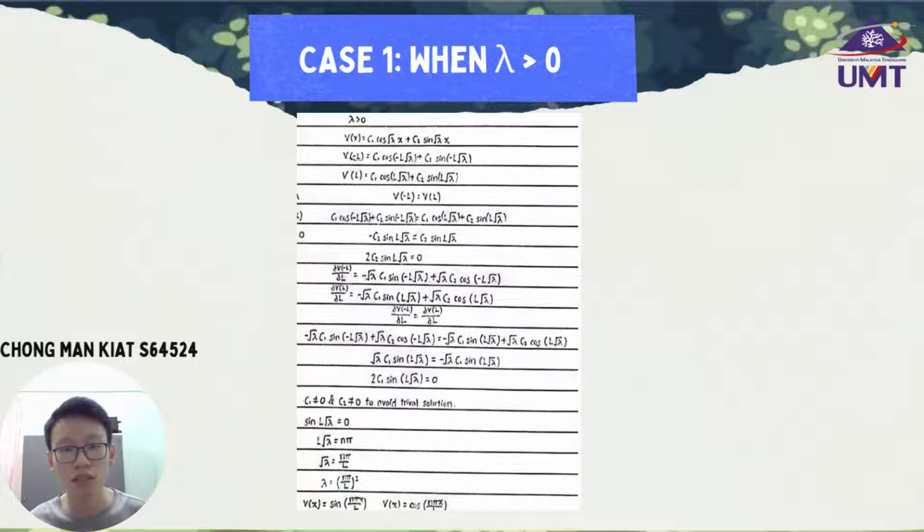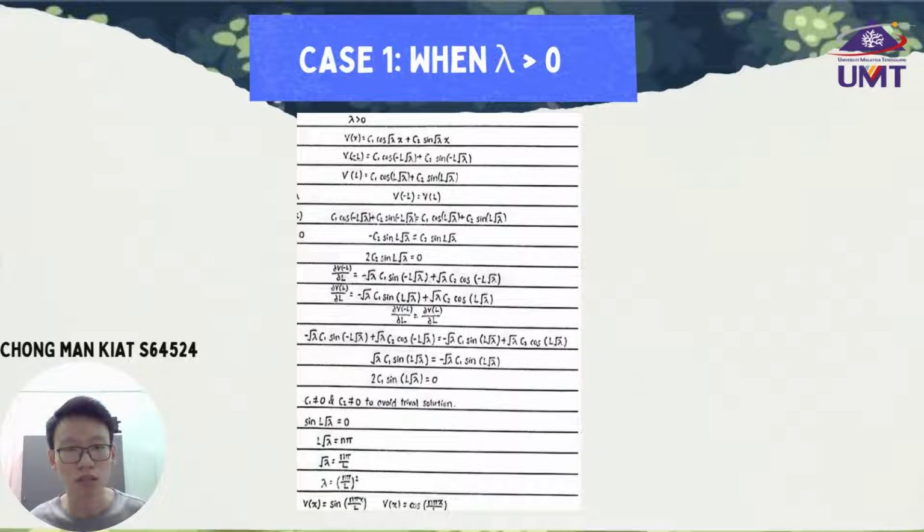Since cos is even and sin is odd, we have negative c2 sin(L square root negative lambda) equal to c2 sin(L square root negative lambda), and 2 c2 sin(L square root negative lambda) equal to 0. Now we assume that lambda is smaller than 0, and so L square root negative lambda is not equal to 0. This tells us that sin(L square root negative lambda) is not equal to 0. We therefore must have c2 equal to 0.